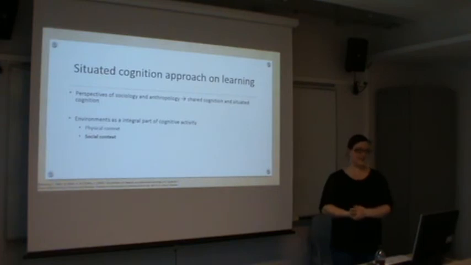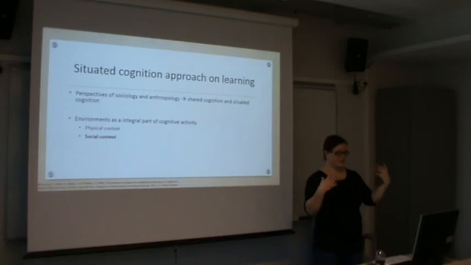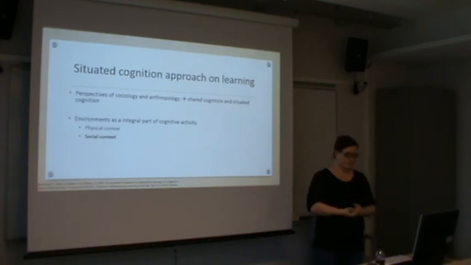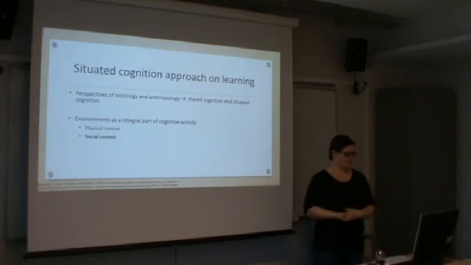So it is seen that learning always happens in some kind of context, that you can't actually take the learning out of the context. The situated cognition approach criticized the two earlier approaches for studying learning as if it was not part of the larger social environment.